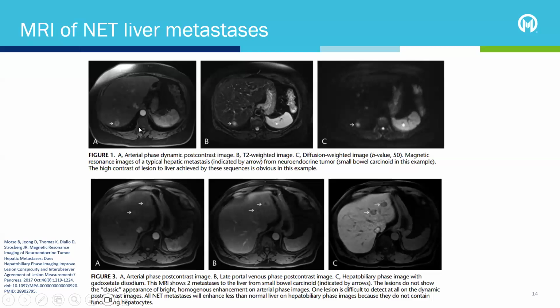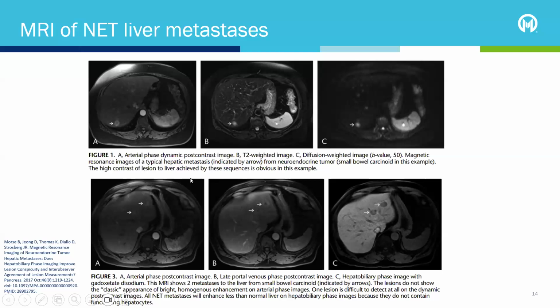And just to touch a little bit more on that, this is from a paper that we wrote at Moffitt, talking about how EVIST contrast is useful for imaging neuroendocrine tumor metastases in the liver. It shows that typically you can see metastases in the liver very well by MRI.